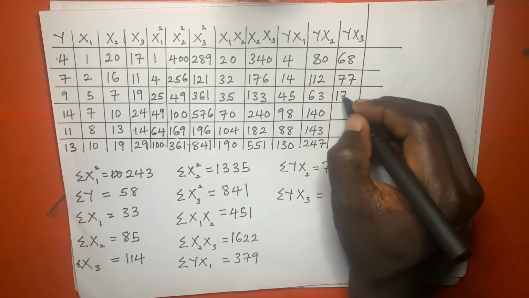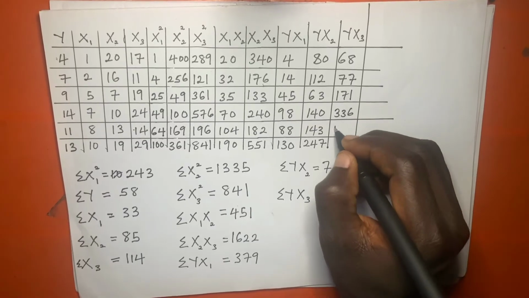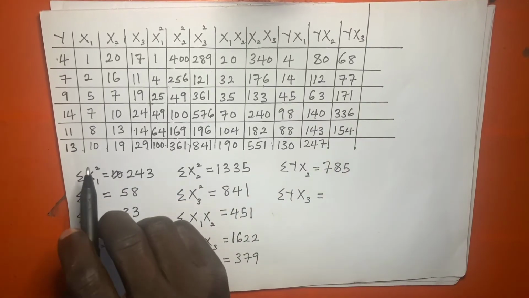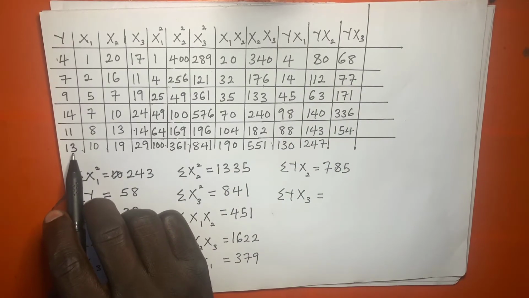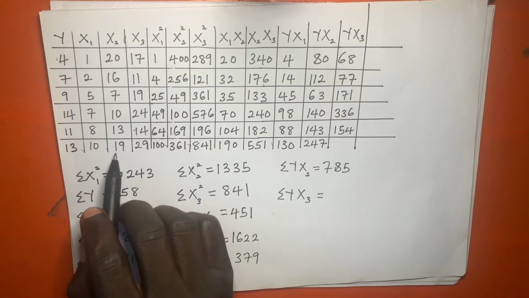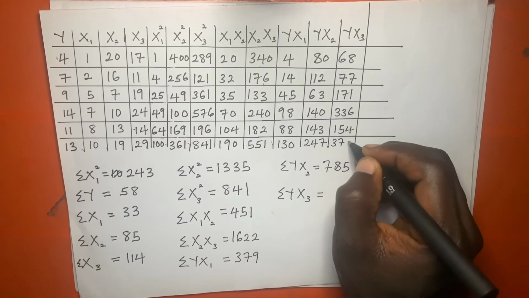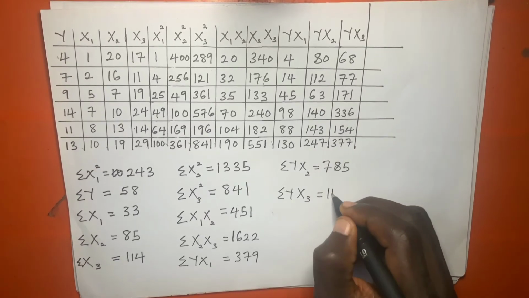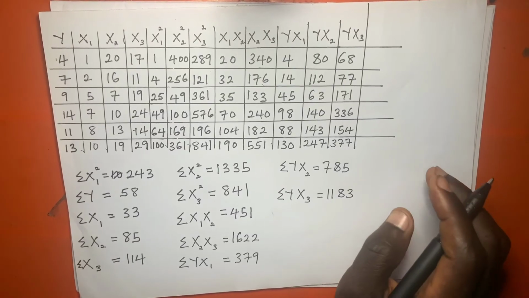Then 171, 336, 154. Then we have yx3, that is 13 times 19, and that will give us 377. So if you add all of this up together, we're going to have 1183.